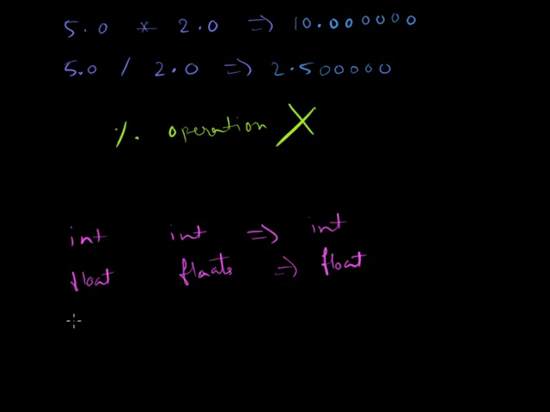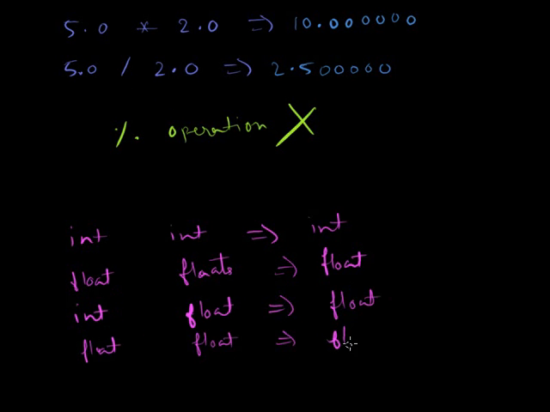If you take another case where one of the operands is an integer and another is a float, what you get is a float. If both are floats, which we saw in previous examples, float and float, you always get a float.